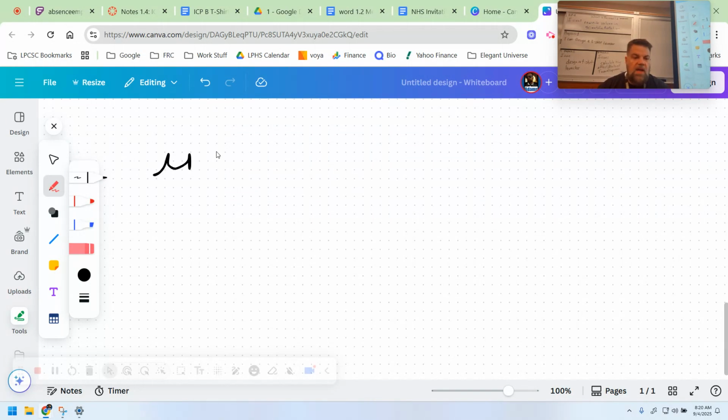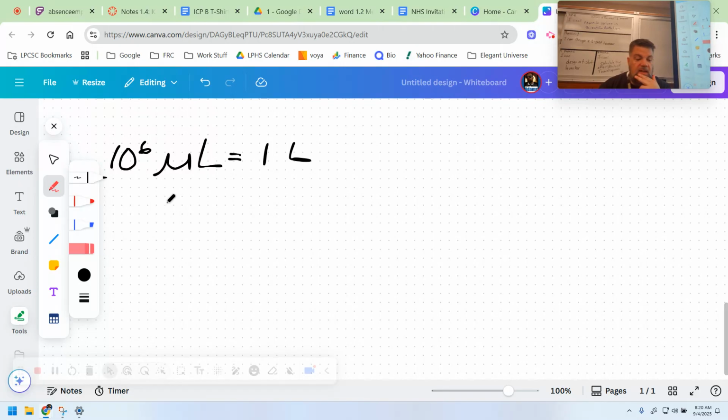So micro means 10 to the negative 6. So this is 10 to the 6 is equal to, don't draw an arrow, draw the equal sign, is equal to 1 liter.